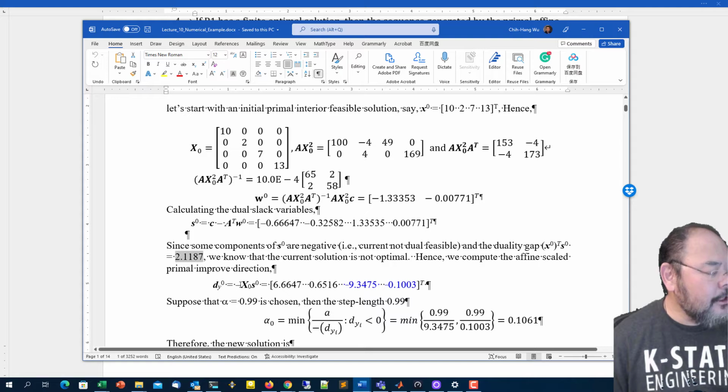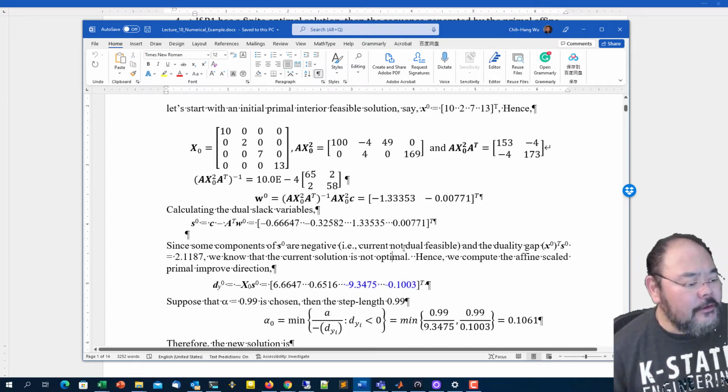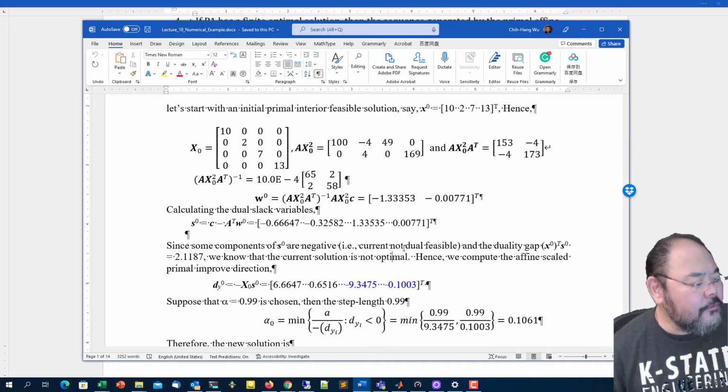Next step, we calculate dy naught. Dy equals negative X naught times s naught. We notice that in this dy there are two negative components: one is negative 9.3475, and another is negative 0.1003. So I'm going to choose the step size alpha.